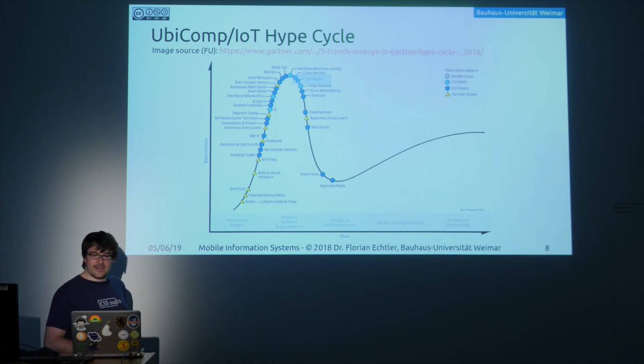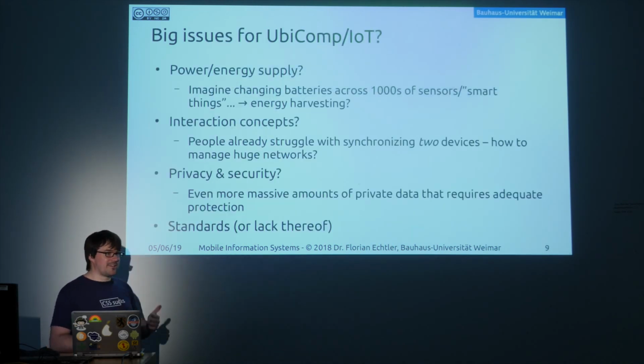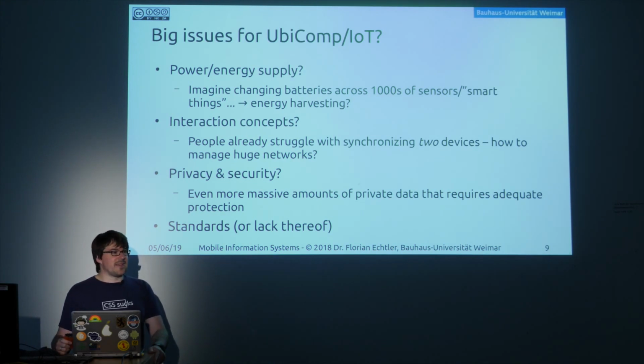All right. So what do we have to deal with when we think about the whole topic of UbiComp and IoT? Let's say every chair here in the room has a sensor to figure out where that chair is in the building, because people keep dragging chairs around and you always want the right number of chairs in every room. Then, of course, you would have to also supply power to every one of these little wireless sensors.